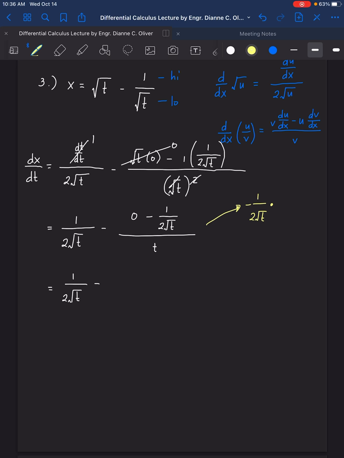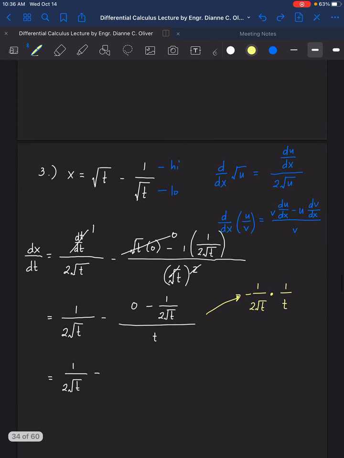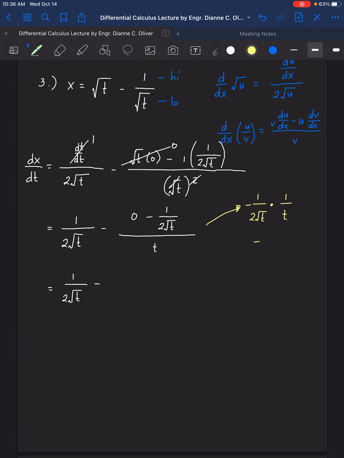What is the reciprocal of denominator t? Reciprocal of denominator t is 1 over t. So the answer here is negative 1 over 2t square root of t.